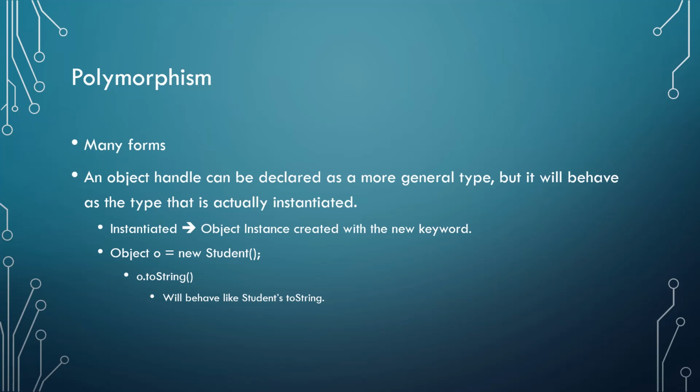Student may be very specific. It may have an inheritance above it that has many levels. But this declaration would work because Student as a class is an Object. So o.toString, even though we've declared it as a very general object, would behave with the Student's toString method if one is implemented.